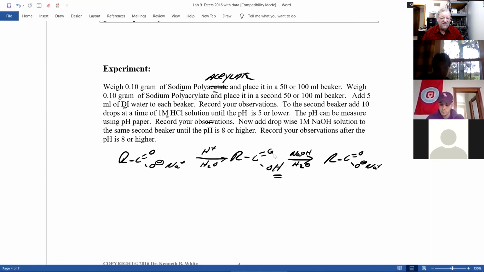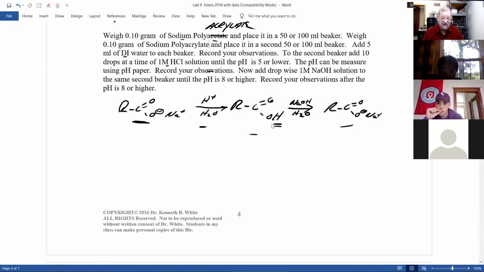And for this reaction, what you're going to do is start out here. This is your acrylate. You'll add acid. You'll make polyacrylic acid, it's called. And then you'll add more base and get back your sodium acrylate. Does that make a difference?